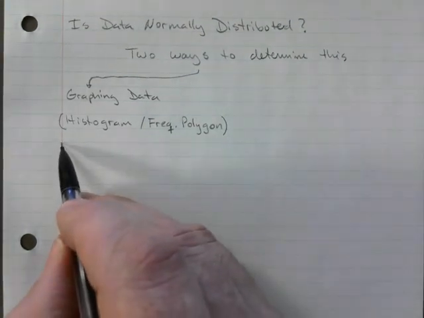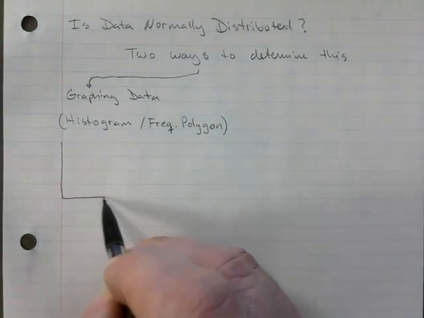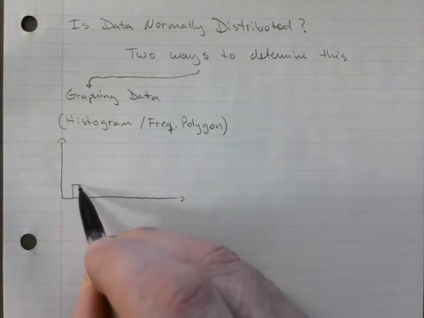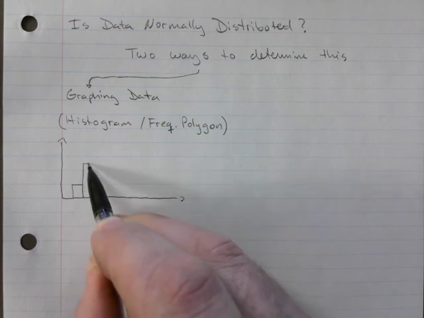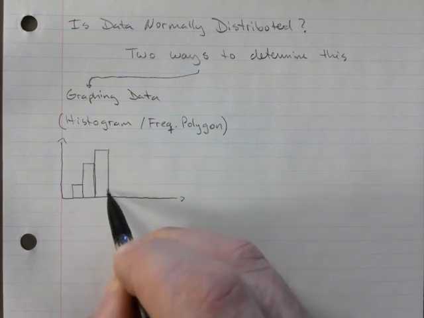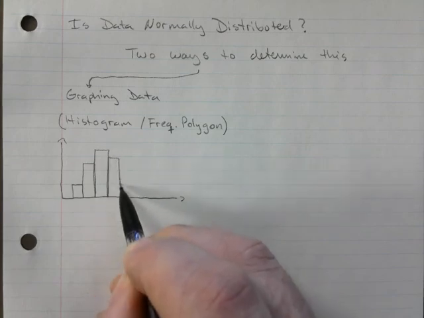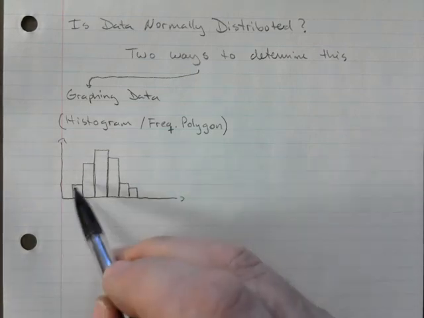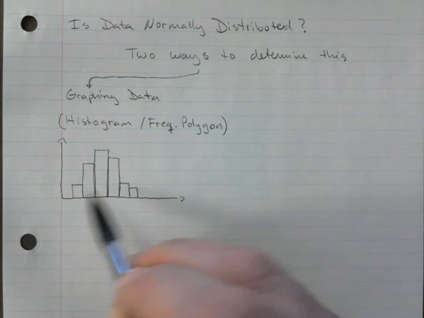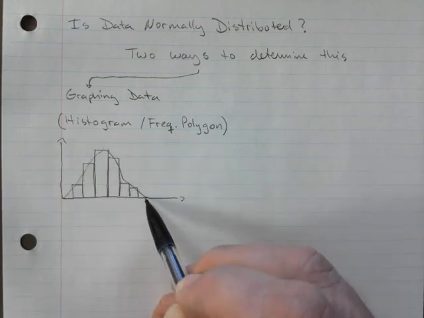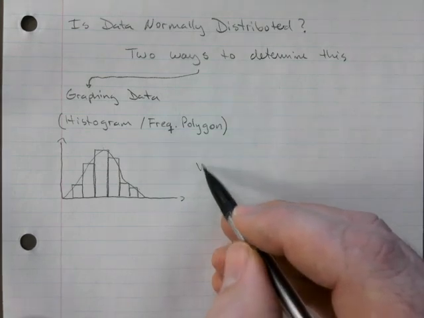Because if you graph, and you have a graph like this, it's a little off, that's okay. But if you have a graph like that, if you focus on the peaks and you connect them, the midpoints, this would be a yes.